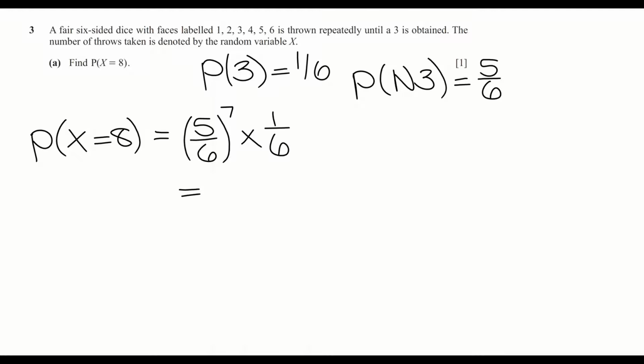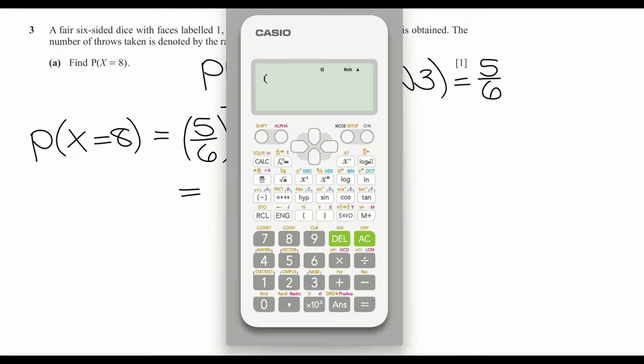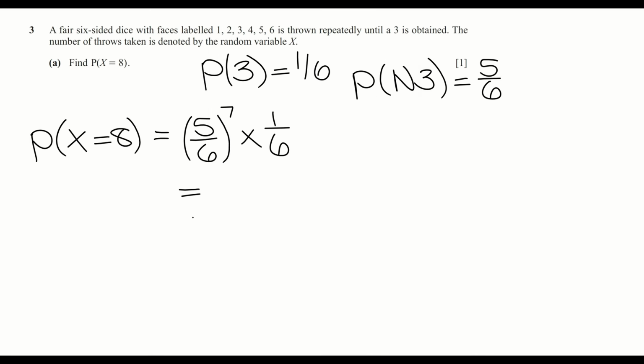Now I can take my calculator. Let's open a bracket. 5/6 with an exponent of 7 multiplied by 1/6 is equal to 0.0465. Let's round off to 3 decimal places, 3 significant figures, and we get 0.465.